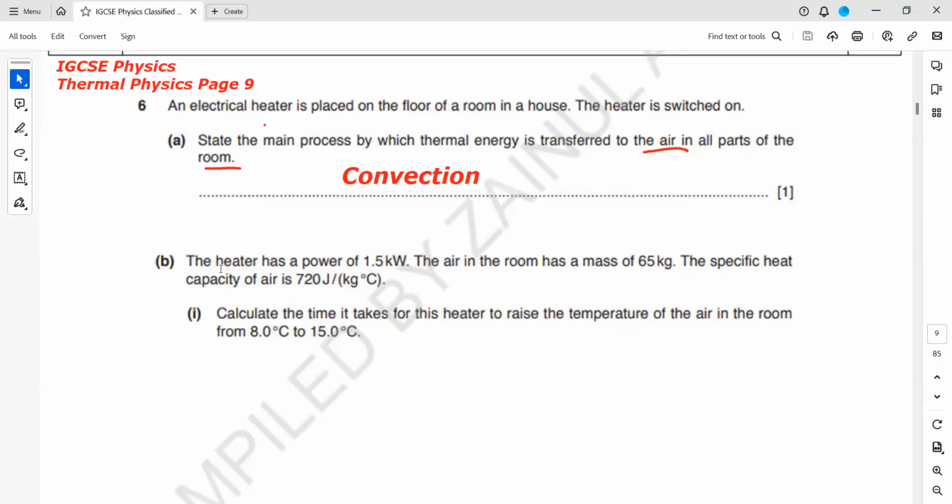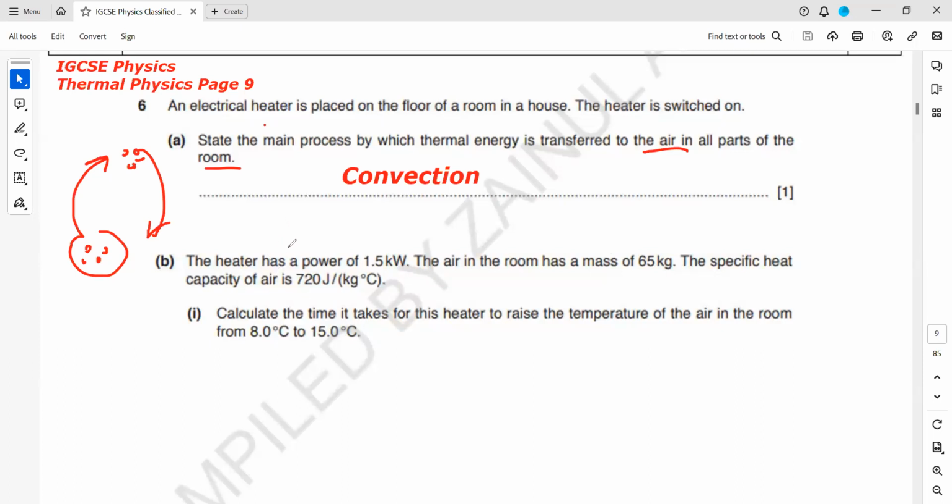So in fluid, when a group of particles absorb heat energy, they move away from each other and density decreases. That group of particles will rise and another group of particles will move down. That will set up a convection current.